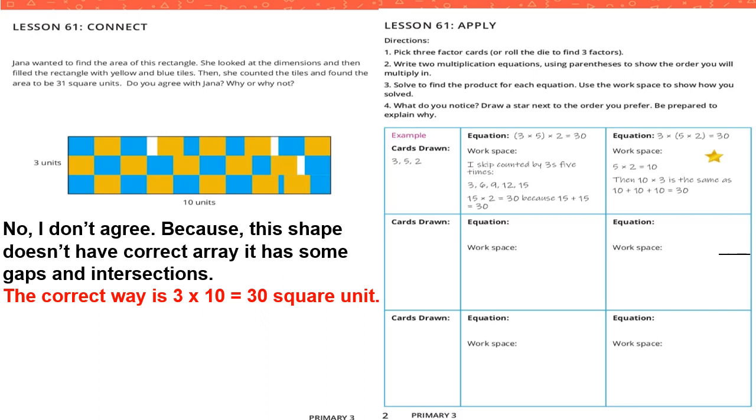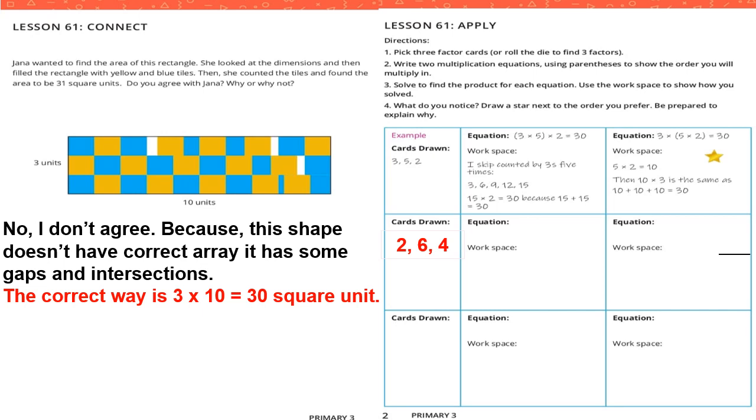In the first way, he multiplied 3 times 5, then he multiplied 2. In the second way, he multiplied 5 times 2, then he multiplied them by 3. I'll give you some numbers, and I want you to try to find the associative property and find the product by it.